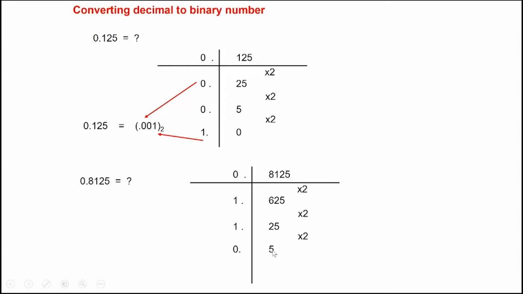We get 0.5, let's multiply by 2 again. We get 0 here, and we get 1 here. And the number ends here. So what will be our binary representation? Well, it will be 1101. Note again, the 1 here is represented by this bit, and the 1 here is represented by this bit. So you go down and write down the number 1101.